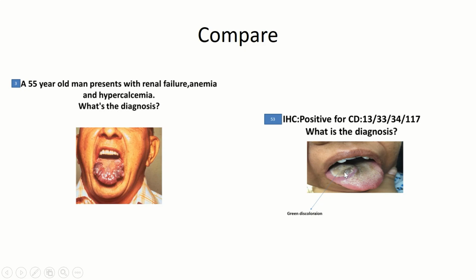And here you see the green discoloration that is suggestive of this diagnosis. Compare this diagnosis with the diagnosis of multiple myeloma. As said before, these are all suggestive of leukemia in the oral cavity.